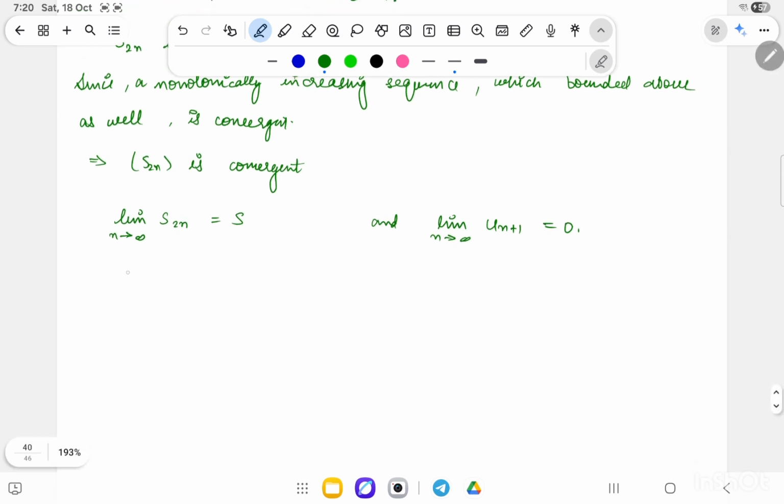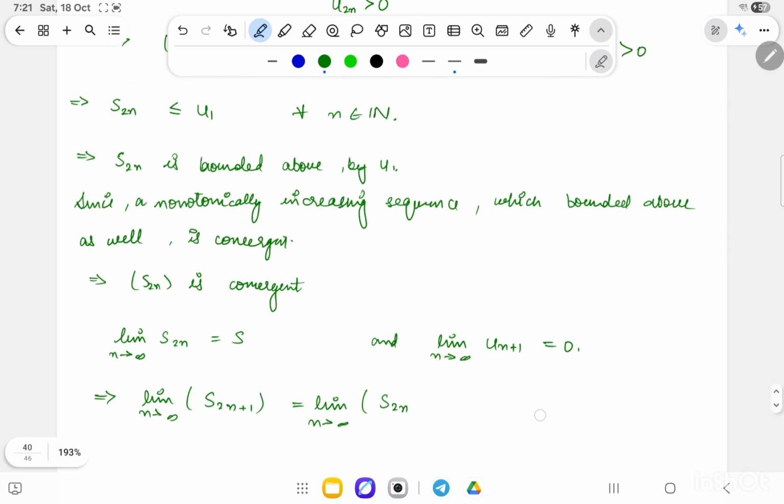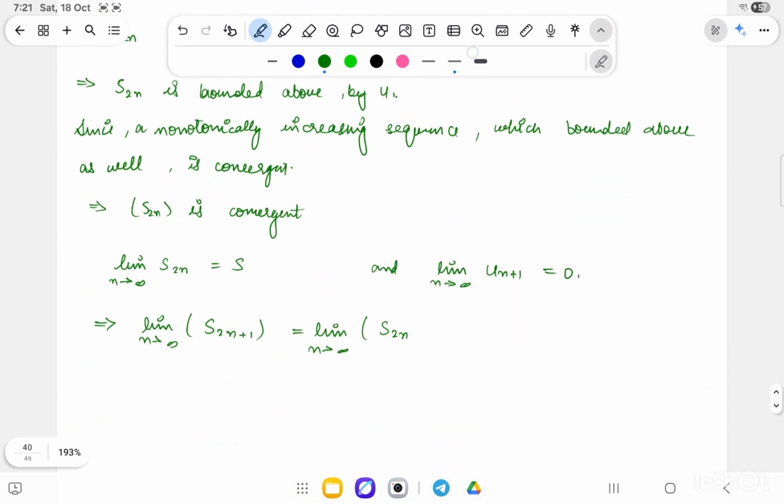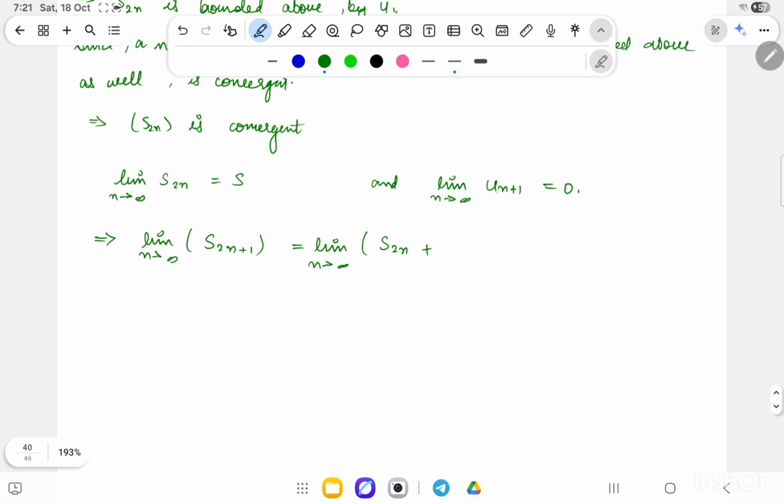So if we calculate, the limit of s2n plus 1 is the limit of s2n plus u2n plus 1, which equals the limit of s2n plus the limit of u2n plus 1.